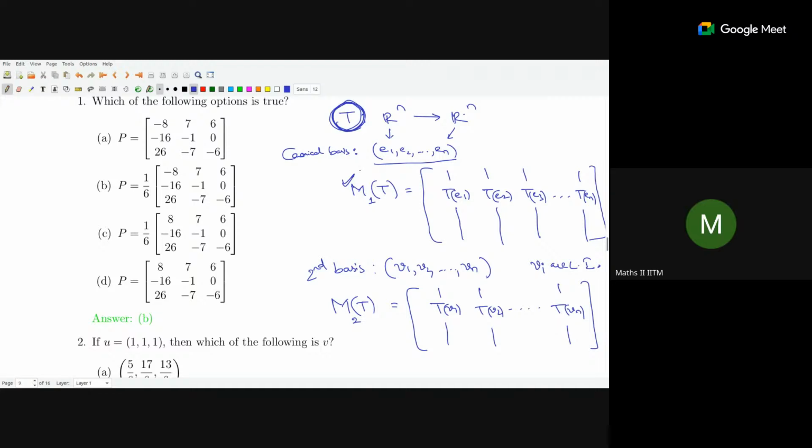But if you have these two matrices, can I convert from one basis to another basis?